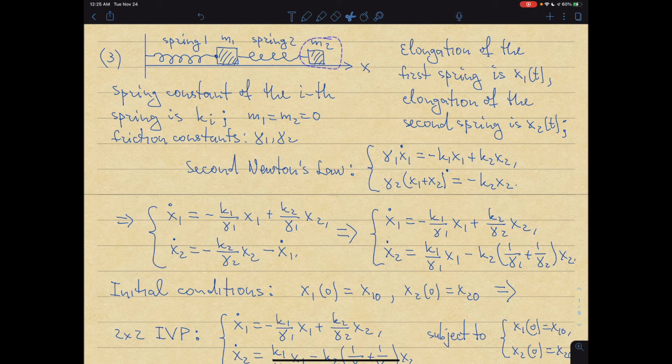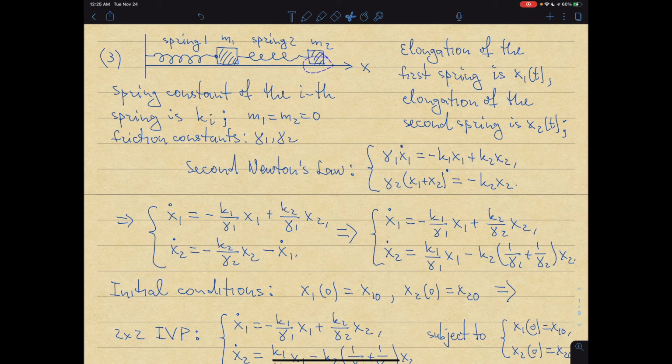And I'm going to make a bunch of assumptions here. So I would assume that there is a spring constant k1 in the first spring, maybe a different constant k2 in the second spring, that there is a friction between the mass and the floor or the table, whatever this system is, friction with a coefficient gamma 1 for the first mass, and another possibly different friction with the coefficient gamma 2 for the second mass.